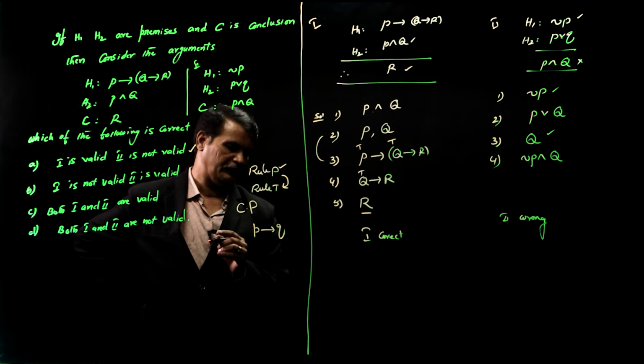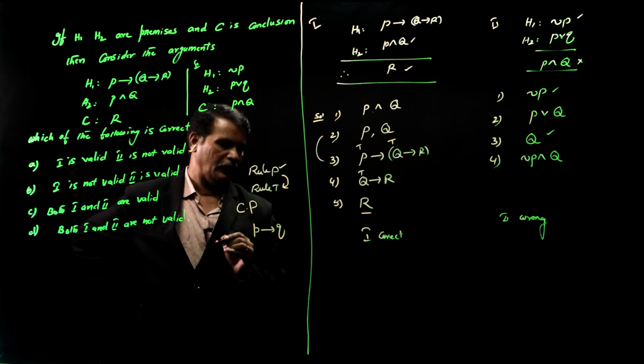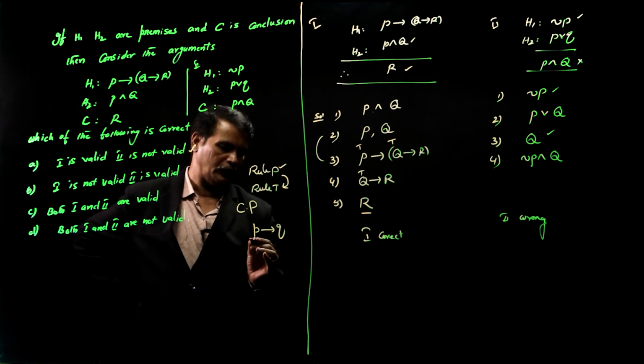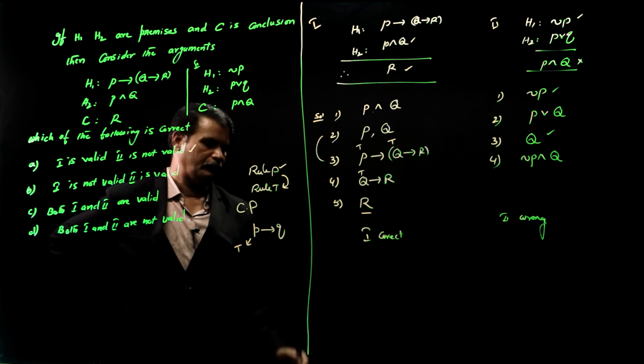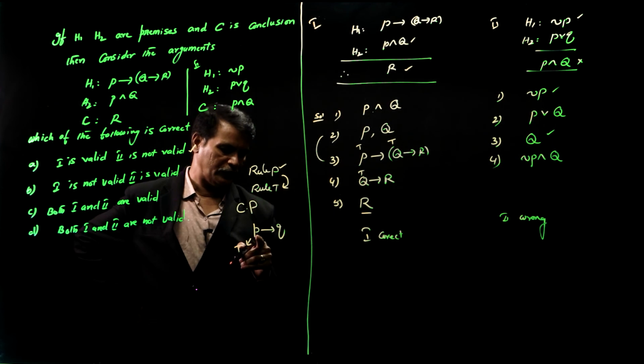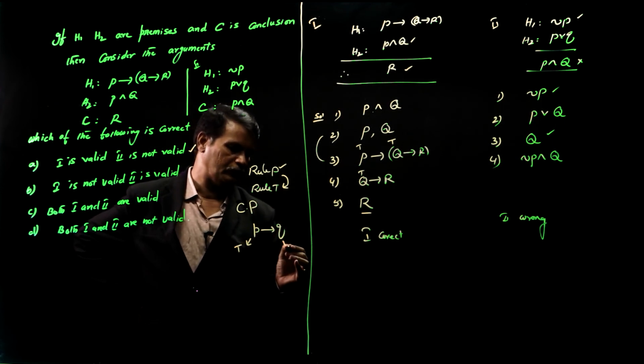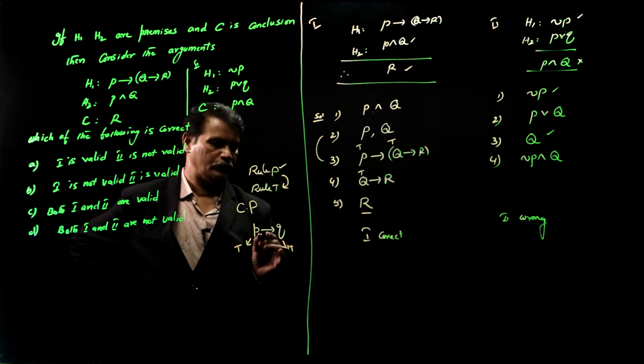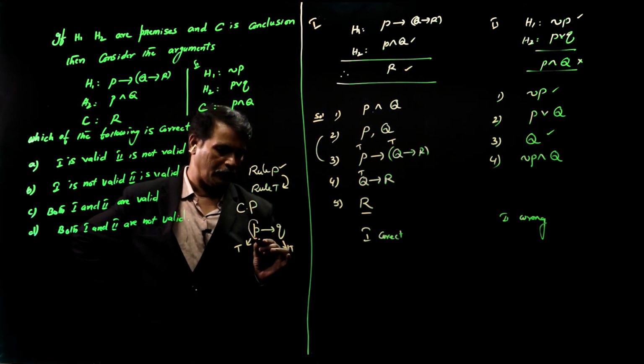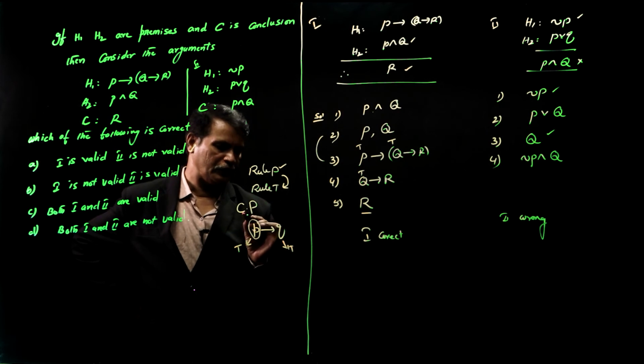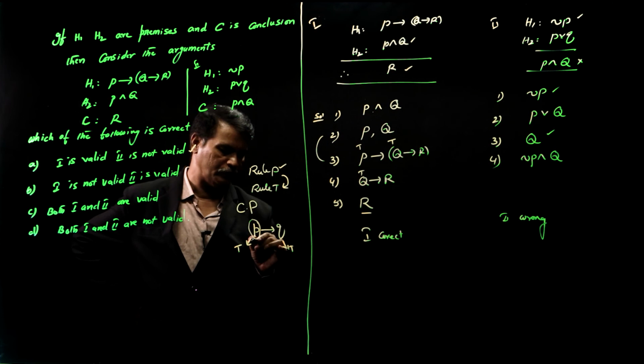In that case, at certain stages, I fix the truth value of P as true. Once I know the value of P is true, I can easily guess that the truth value of Q should be true. So here I am conditionally assuming that the truth value of P is true.